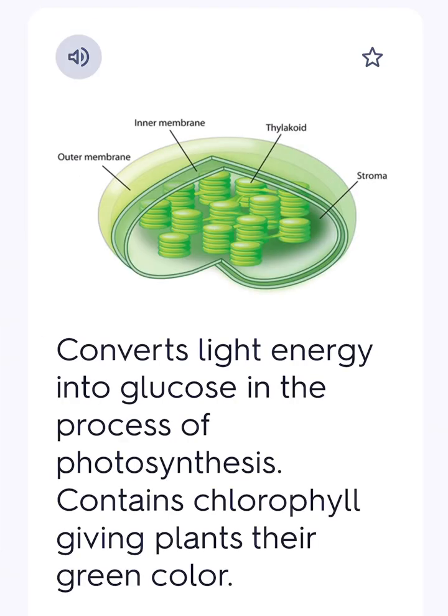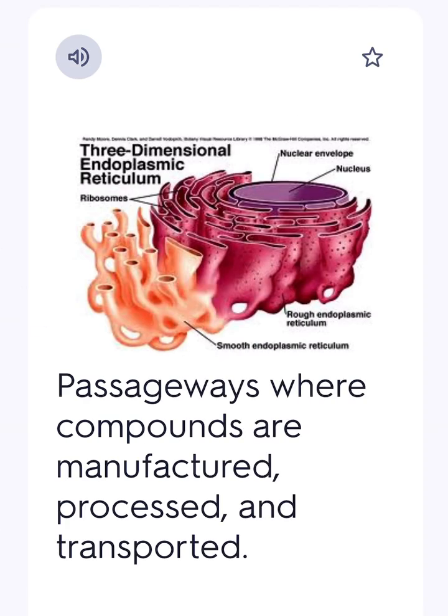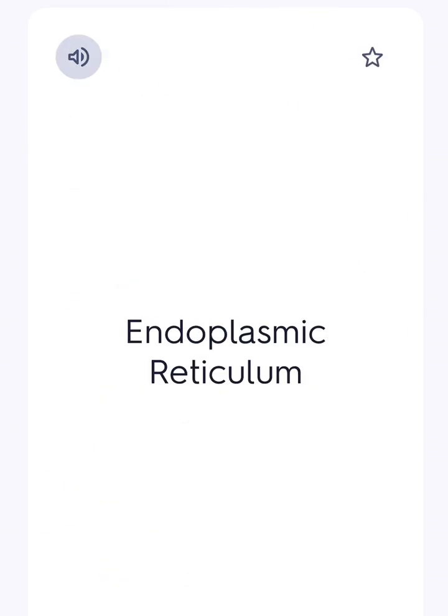Converts light energy into glucose in the process of photosynthesis. Contains chlorophyll giving plants their green color. Chloroplast. Passageways where compounds are manufactured, processed, and transported. Endoplasmic reticulum.